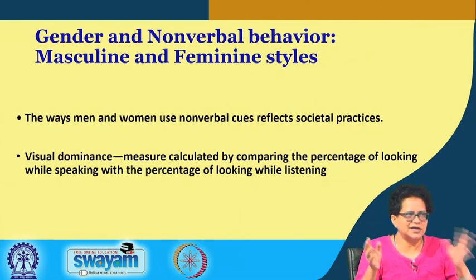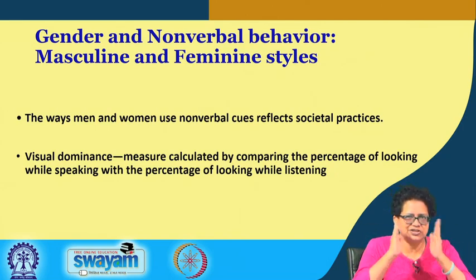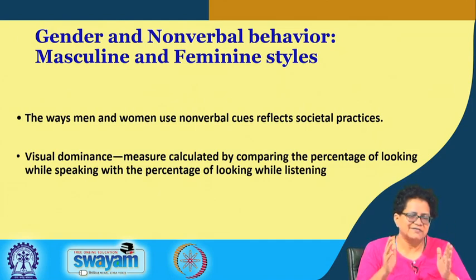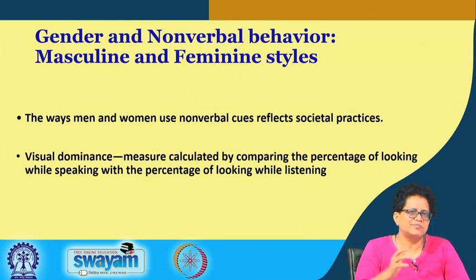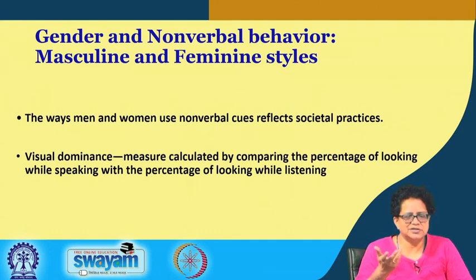Women will be looking here, there, everywhere, but will not be having straight gaze or eye contact with the others while speaking, whereas it is quite normal for men to have long protracted gaze or periods of eye contact. So, men try to be visually dominant, their visual dominance is higher than that of women, because they look more while speaking, whereas women will be looking less, but they will be listening more.